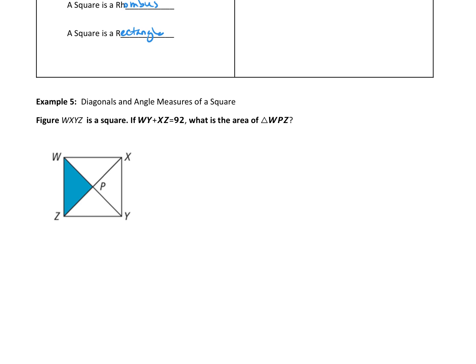All right, so we have a square, so what are some things that we know? We know that the diagonals are congruent. So if the two diagonals that are the same length add up to 92, then let's just take that 92 and cut it in half, and we'll find that WY must be 46 and XZ must also be 46. All right, well, we can keep going.